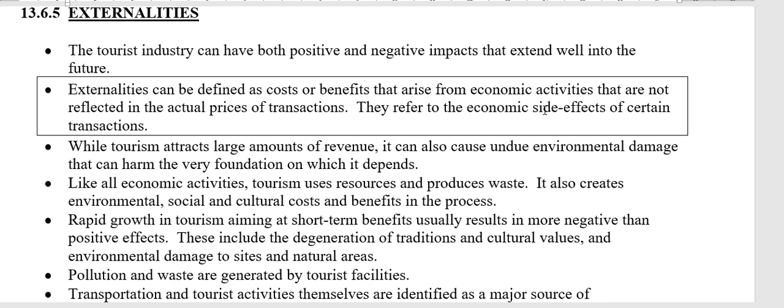That is what we focused on in chapter 8. The fact that the market is failing because the benefits or the costs of a decision are not taken into consideration. So the actual price of tourism doesn't include the positive or the negative externalities that it causes.